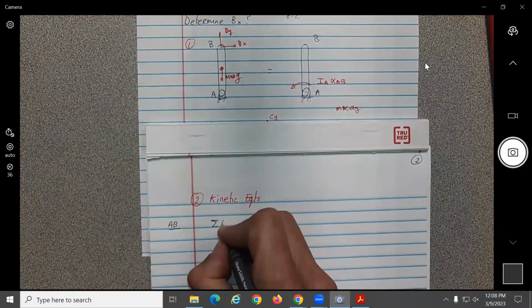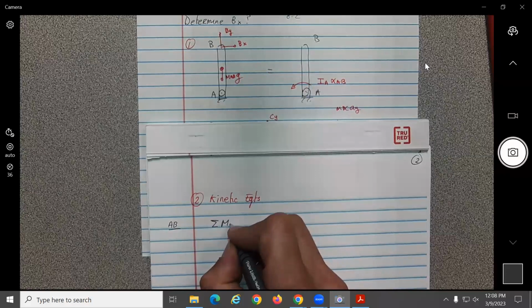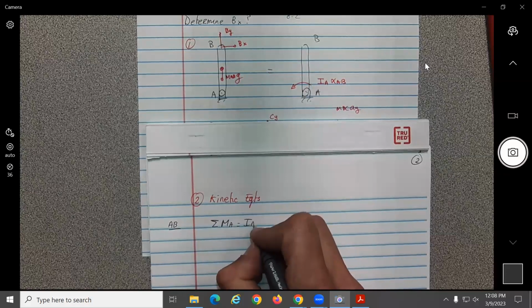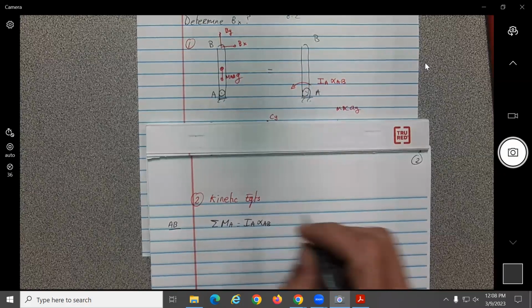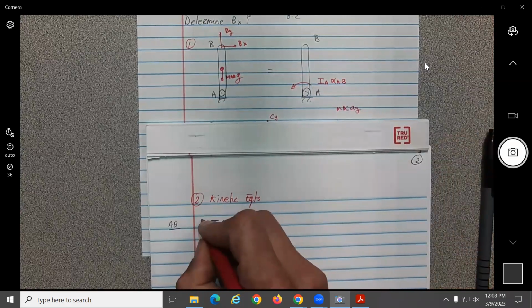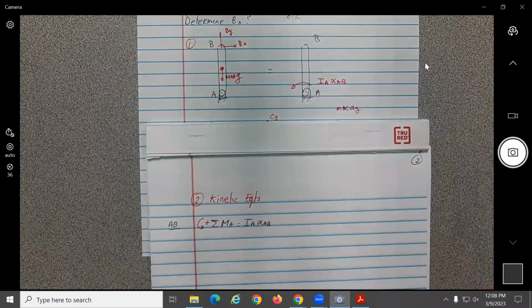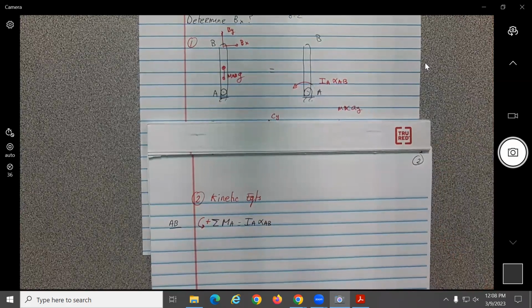We could use summation of moments about point A equal I sub A alpha AB. Counterclockwise. Okay, so that's 0. Okay, so yes, what can I say? I didn't see that one, but I guess it's so.